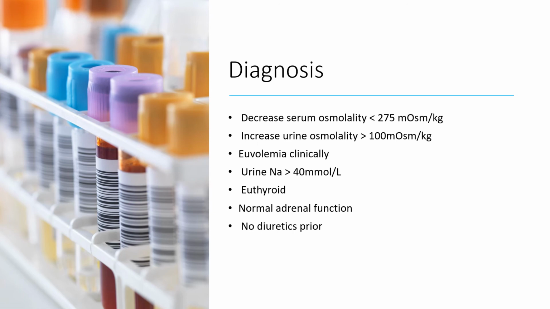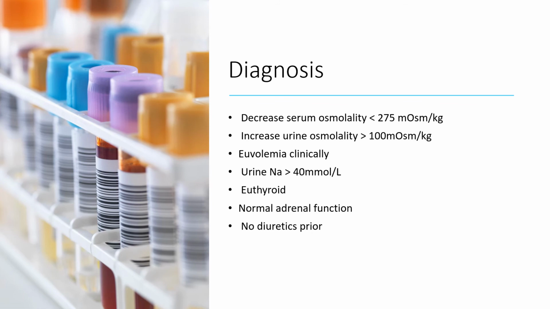Clinically, the affected person could have euvolemia, at least they are not hypovolemic, they are not hypervolemic. Then urine sodium will be greater than 40 millimoles per liter. When you check the thyroid, because hypothyroidism could be responsible, or when we go over the causes, we'll get that. When you check the thyroid, you are going to find euthyroidism.